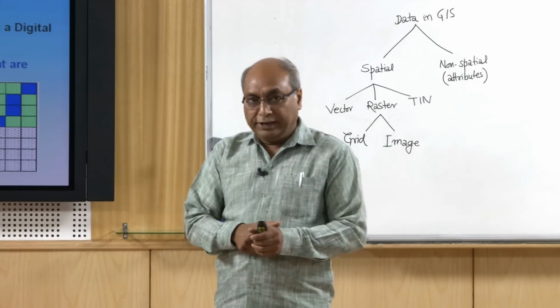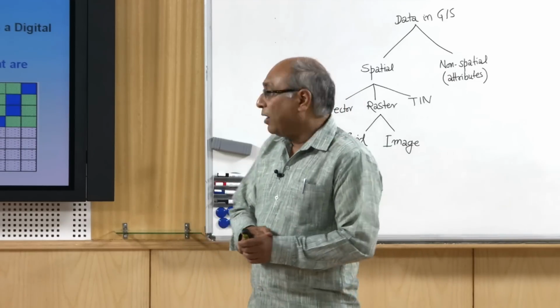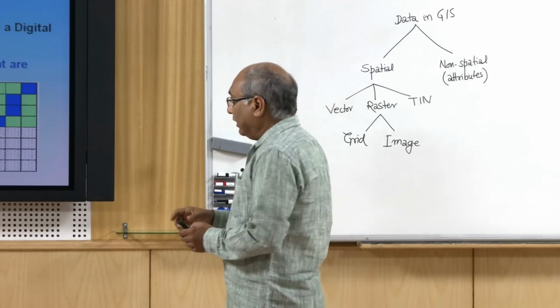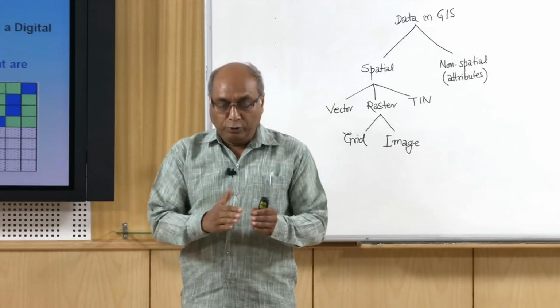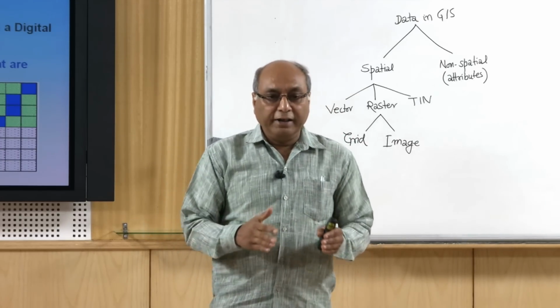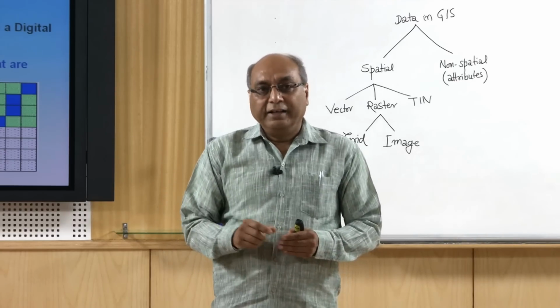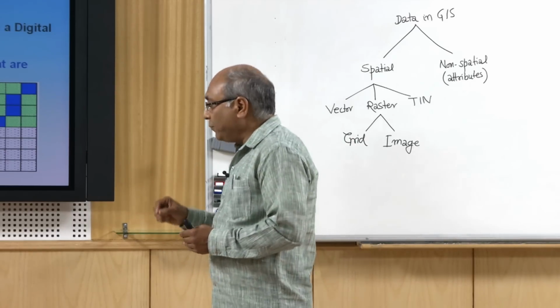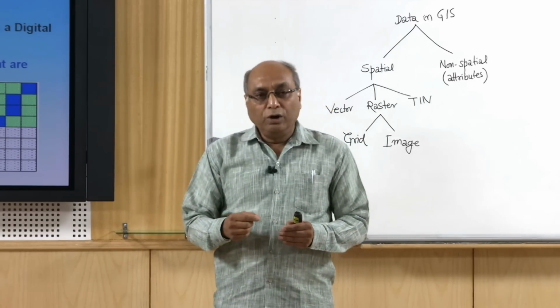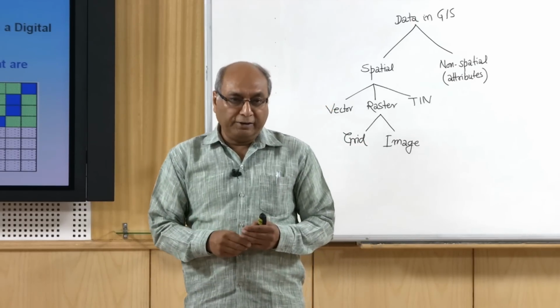What does it mean in our GIS parlance? If you represent the real world in a continuous grid of equal size cells, then each cell represents an average value of whatever is present on that part of the earth.